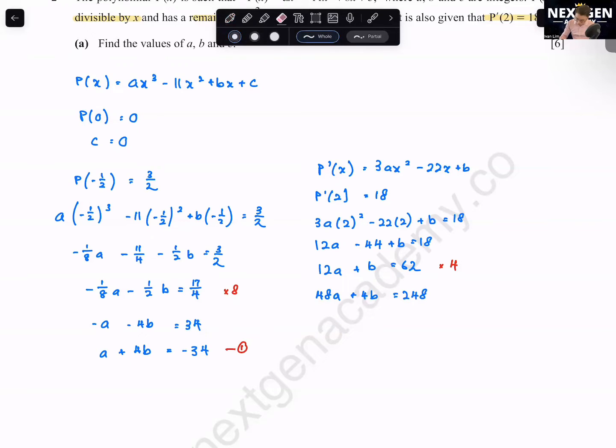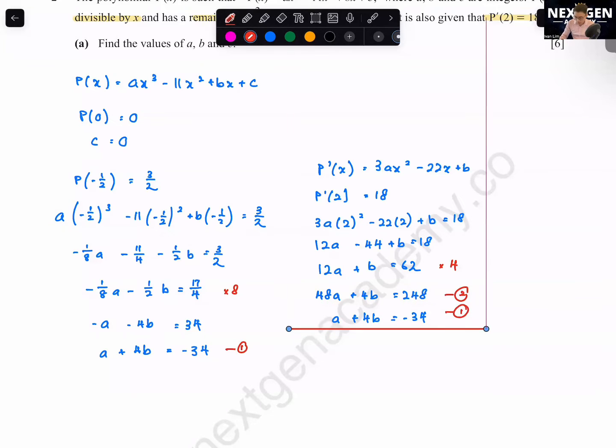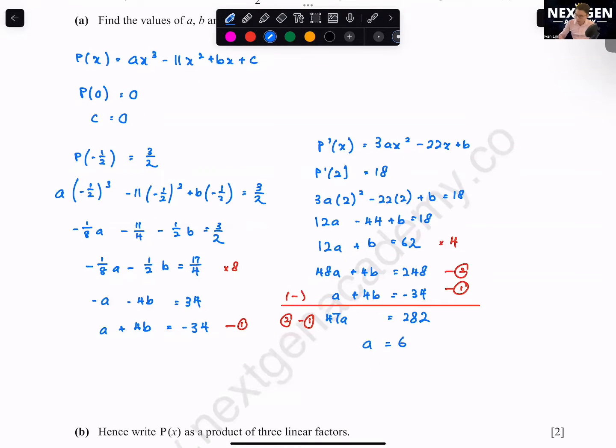Then I put equation 1 at the bottom here. This is equation 2 and that is equation 1. Do you need to write equation 2, equation 1, all this? Don't need, but I like to write because it's neater. I'm going to take equation 2 minus equation 1. So you get 47a equals 282. a is 282 over 47, which gives you 6.